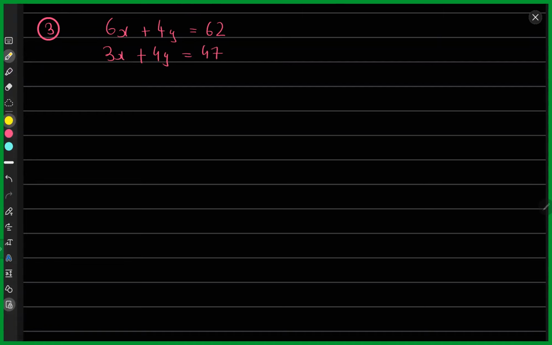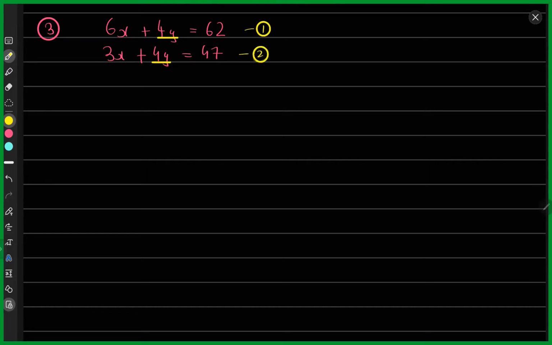Again, we have a pair of simultaneous equations and I need to solve it. So I need to analyze the two equations first. Now I can see that 4y and 4y is the same. So in order to simplify these equations, what I can do is consider this as the first equation, this as the second equation.